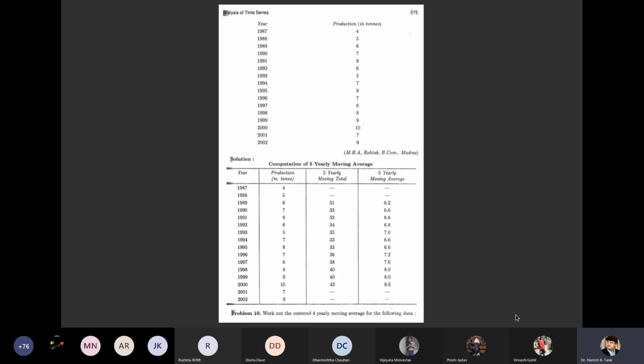So it would be 5 plus 6 plus 7 plus 9 plus 6. What is the total? 33. Do the same for all the entities by skipping one more year, and so on.